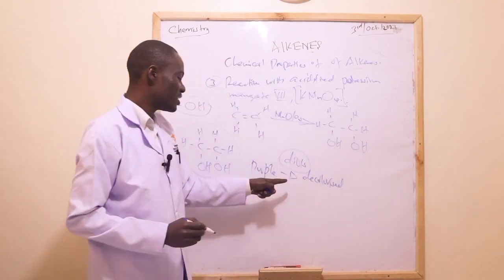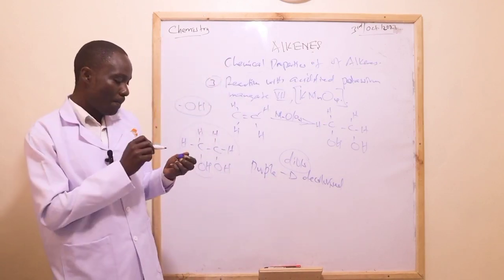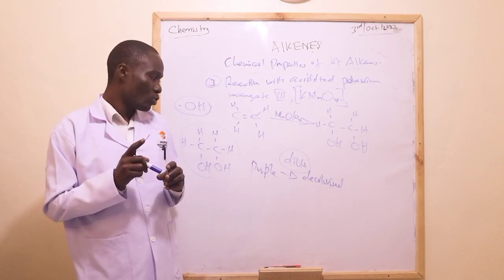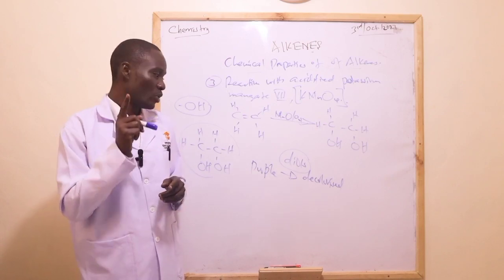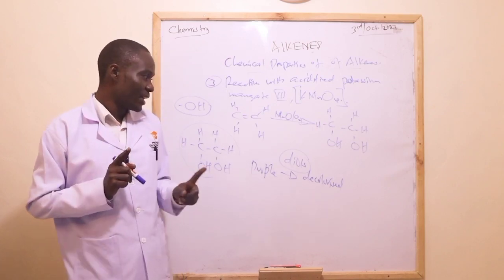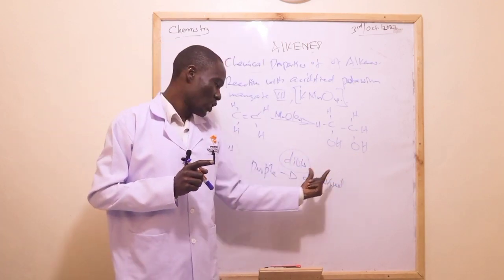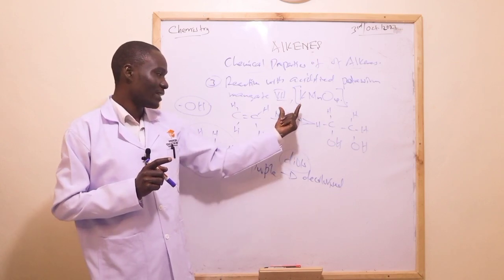So it will be changed from purple, because the manganate 7 ions will be reduced to manganese 2 ions, which are colorless. That's why the color of the formed product solution won't be purple like that reagent.